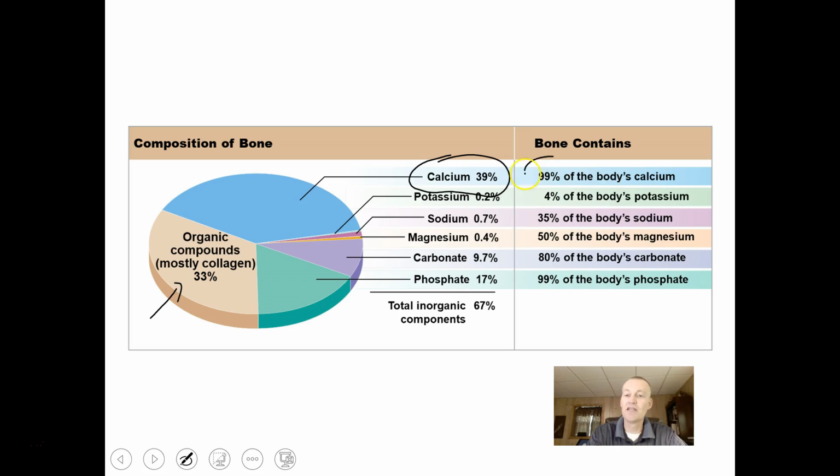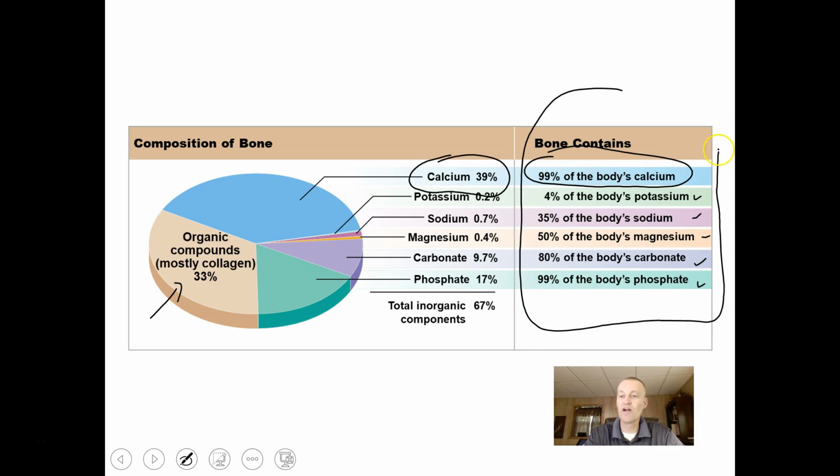Bone will contain 99% of the body's calcium. It'll contain 35% of the sodium, 4% of the potassium, 50% of the magnesium, 80% of the carbonate, and 99% of the phosphate. So bones really store some vital materials that, through the course of this class, you'll see used in other systems and for other purposes.